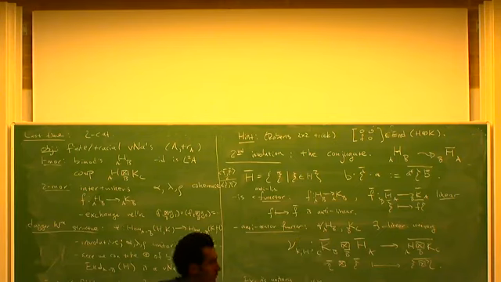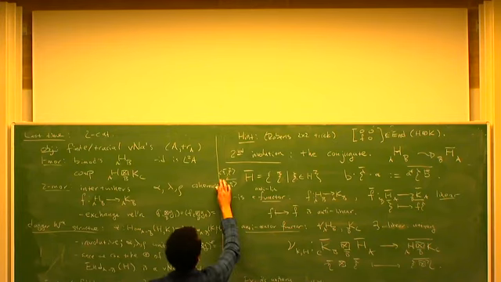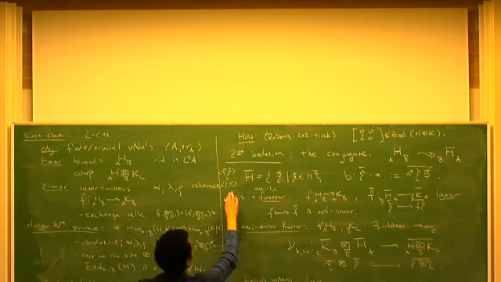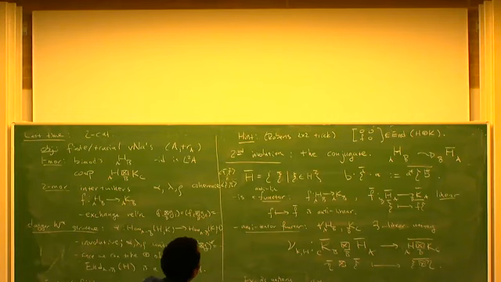Really? I thought it was correct before. Anyway, we can easily check, right? This one is linear on the right, whereas this one is linear on the left. If your space is one-dimensional, then it's eta bar psi in either case.